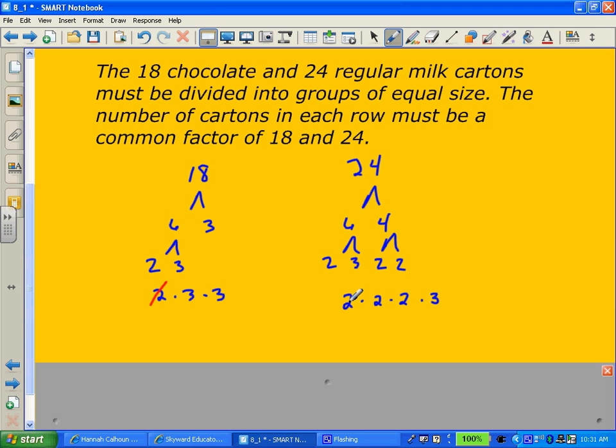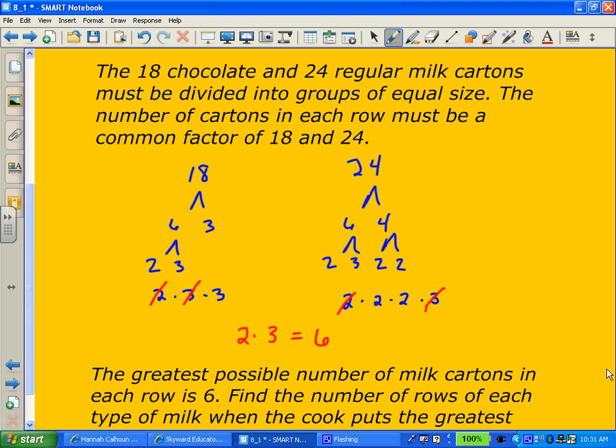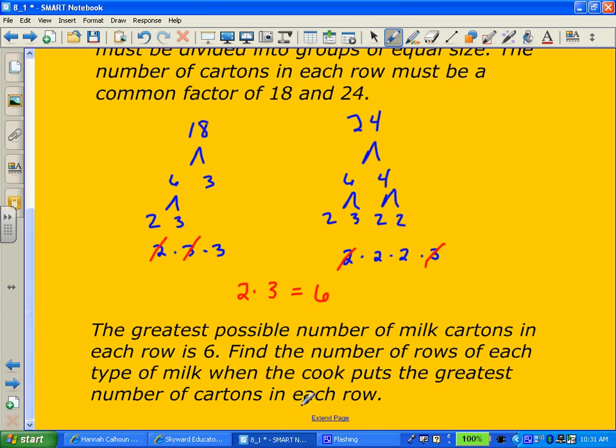Okay, so what's the GCF of 18 and 24? Well, let's look at our pairs. We got a pair of 2's, and we have a pair of 3's. So the GCF is 6. Okay, so that means that there should be 6 cartons in each row. Okay, but we're not quite done yet. So the greatest possible number of milk cartons in each row is 6.